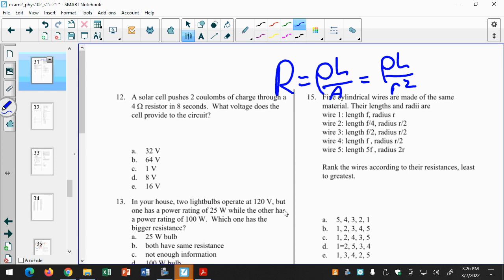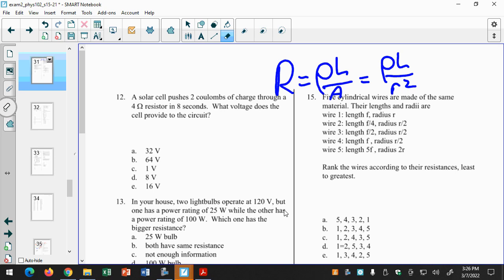The biggest resistance is going to be the one with the longest length and the smallest radius. No, I'm going least to greatest. The one with the least resistance is the shortest one with the biggest radius.